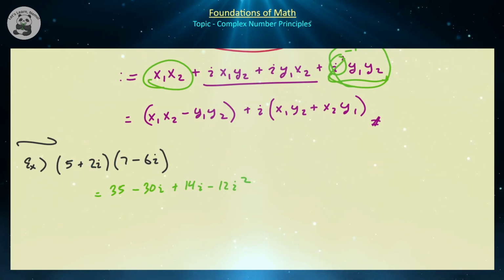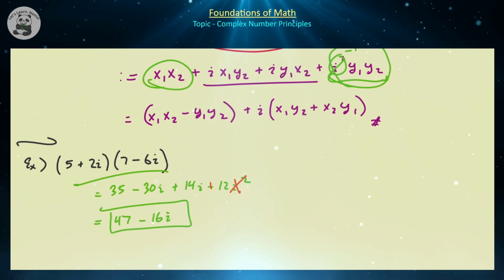Minus 12i squared is the same as positive 12. And we have that 35 plus 12 will be equal to 47, and then negative 30 plus 14 is the same as 30 minus 14, just opposite, so that's going to be equal to minus 16i, and this is going to be the result of this product of complex numbers.